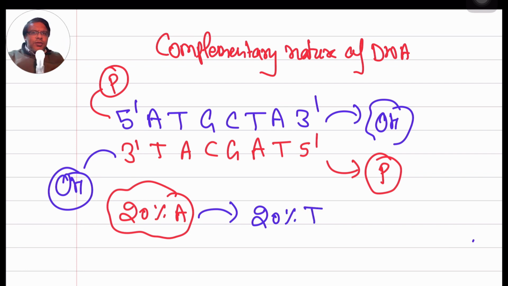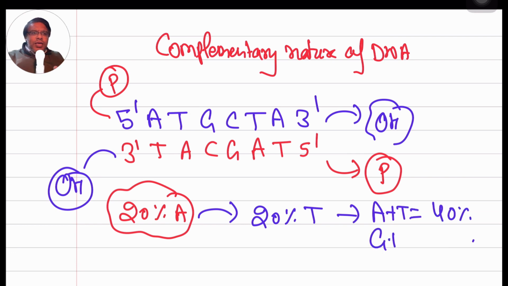Most of the times questions are asked this way: if you have a double-stranded DNA which has 20% adenine, what will be the base composition of the other bases? It is quite simple. If you have 20% adenine, you have 20% thymine in that double-stranded DNA.